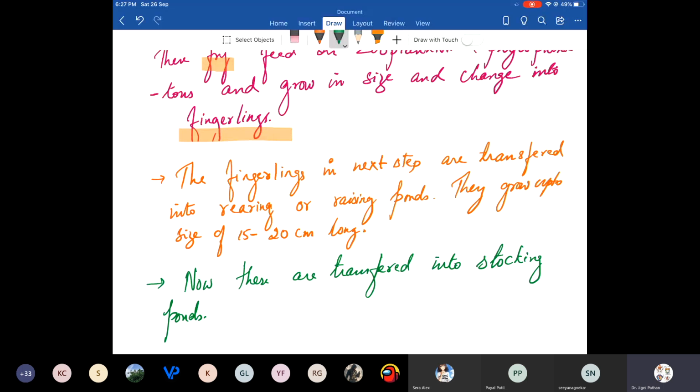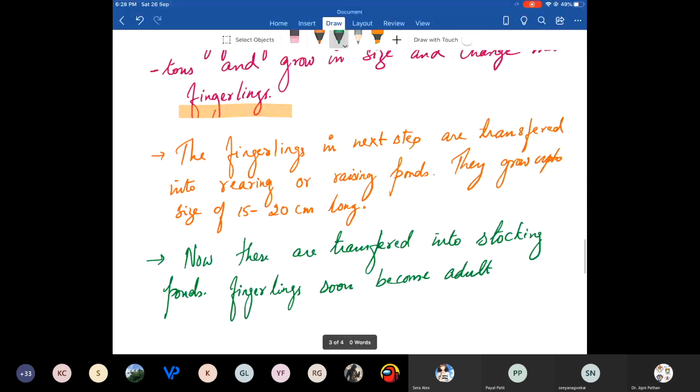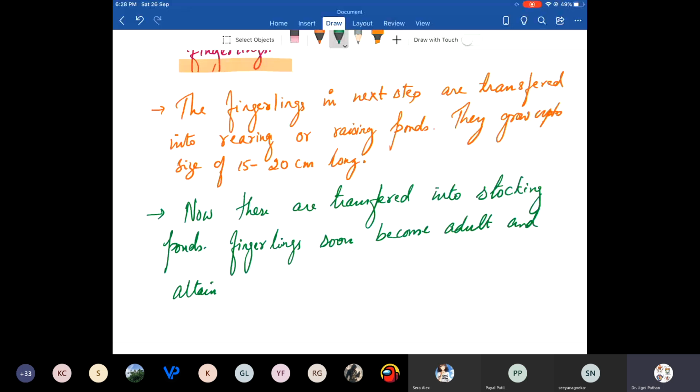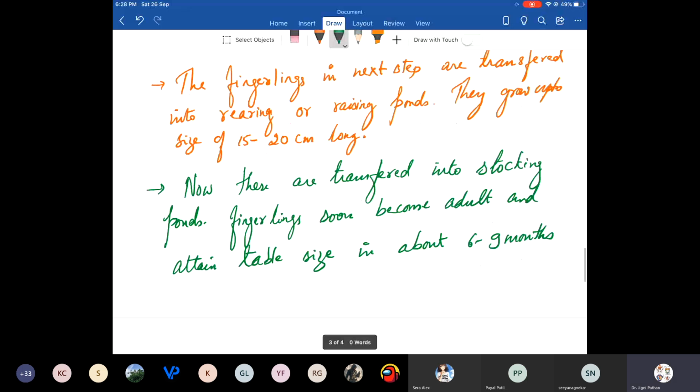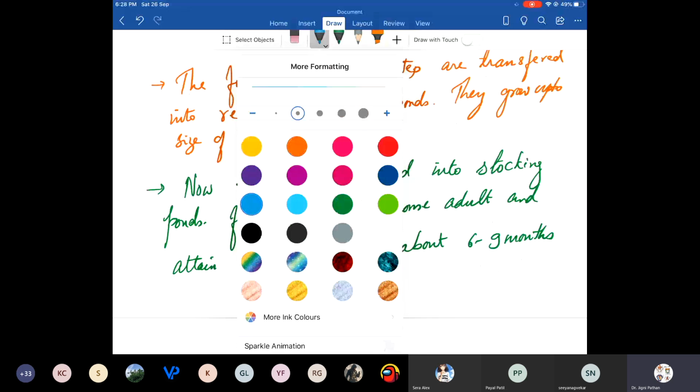Fingerlings soon become adults and attain table size in about 6 to 9 months. Table size means they have grown into adult form.